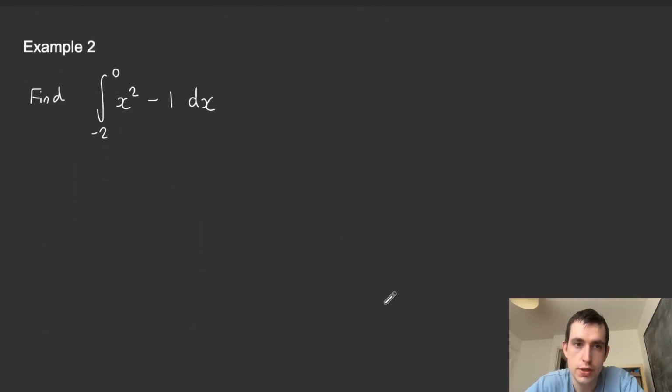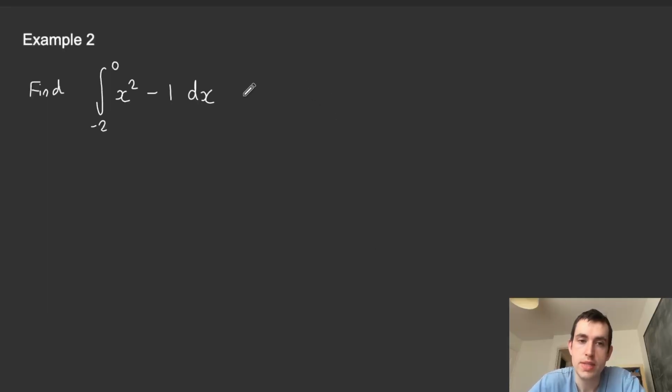Now for example 2, we follow the same process. Because it's an integral, we're going to integrate, and because there are 2 terms, we're going to integrate one at a time. So for the first one, we'll add 1 to the power to get 3 and divide by 3, divide by that power.